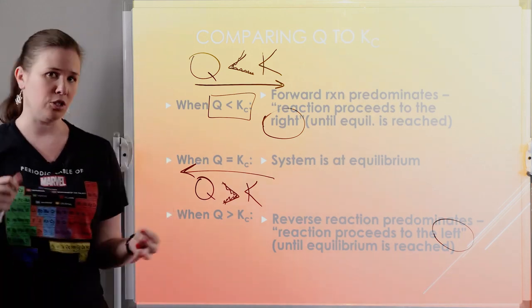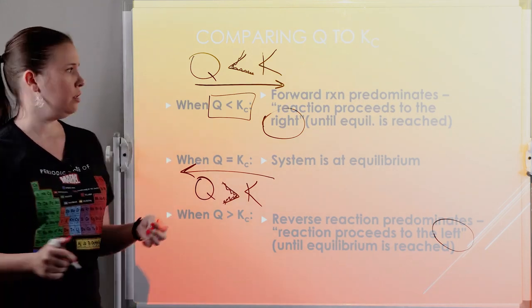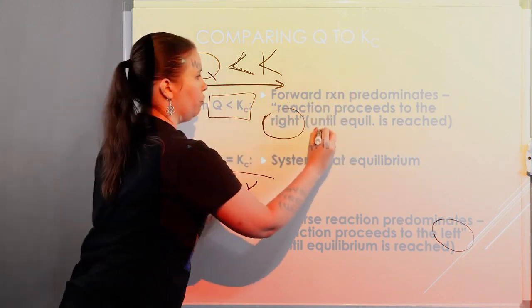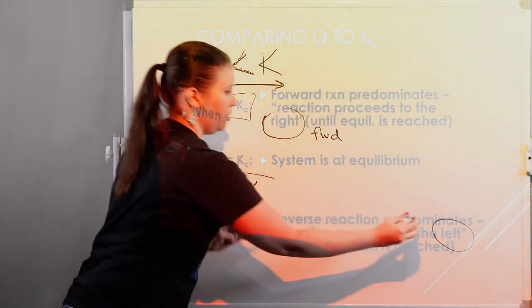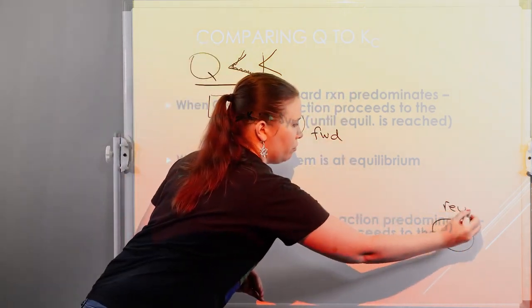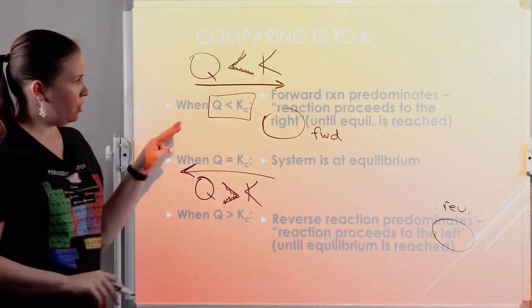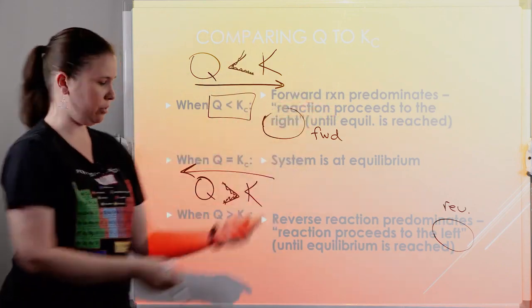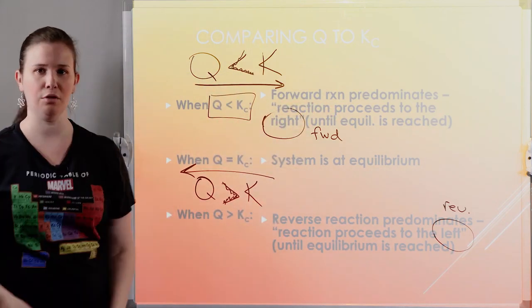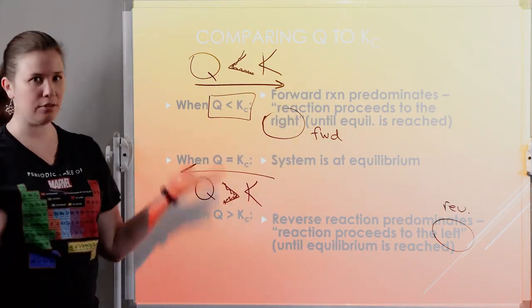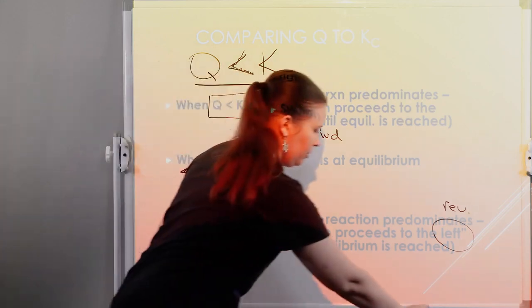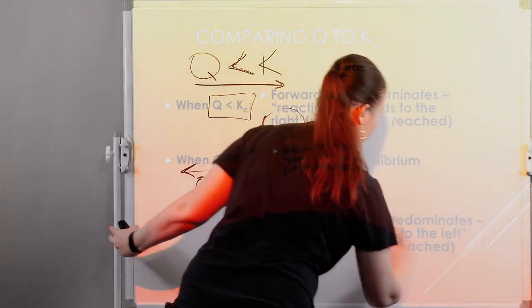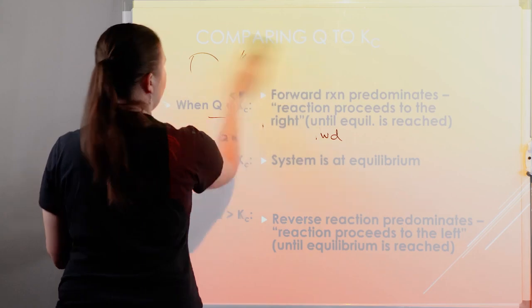When I'm asking which way to shift, I'm looking for left or right, where right would be the forward reaction and left would be the reverse reaction. And in order to do this, we can literally think of the alligator needing to walk towards the greater number, and that's going to give you the correct direction. So, silly little trick. I know the alligator is kind of from grade school, but I like it as a little trick for Q and K.